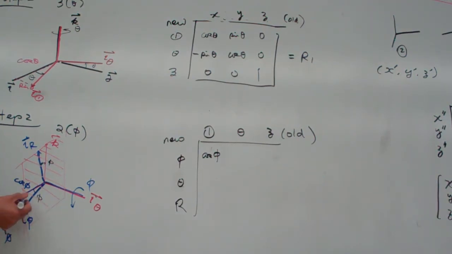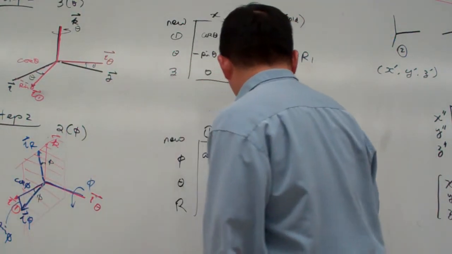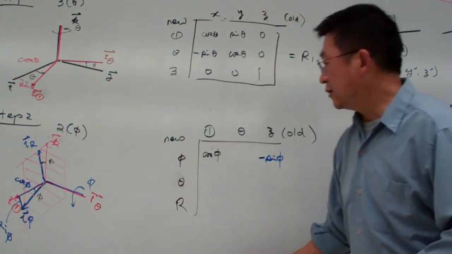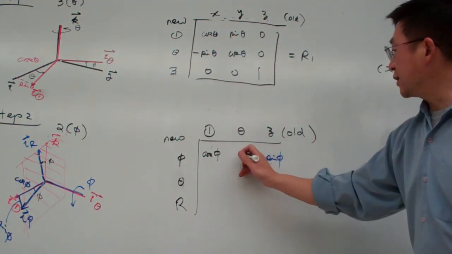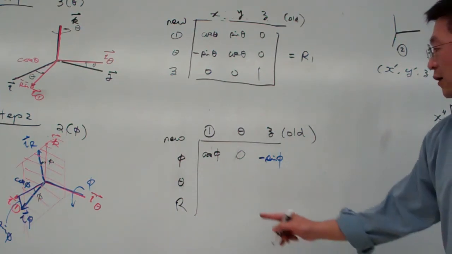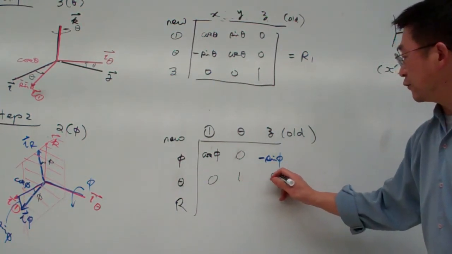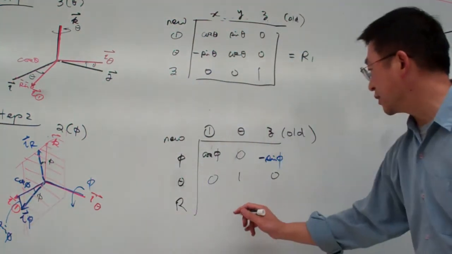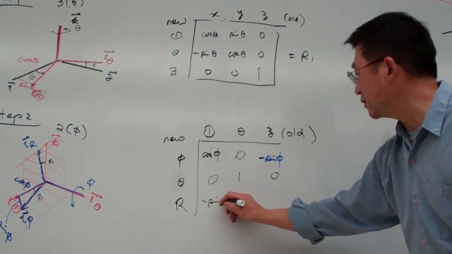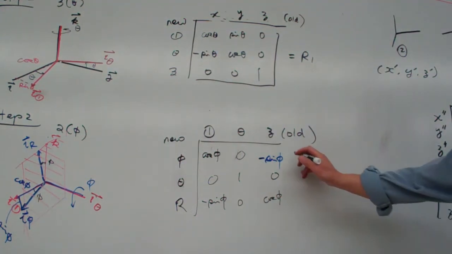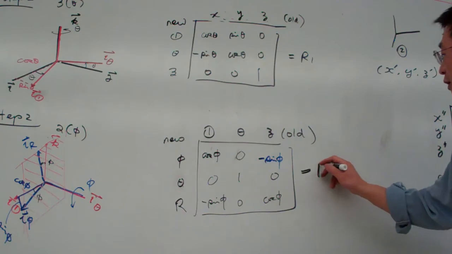The sine phi is in which direction? In the k direction, so in the old z direction, so that is minus sine phi here. Okay. And for the second coordinate, that is the same as before, so here we don't have any projection. And for theta, that is the same as before, so we don't have anything. And the same thing, you apply the projection of the second component, you can find out that should be minus sine phi, 0, and cosine phi. Okay, so here this is our transformation matrix, let me call it R2.